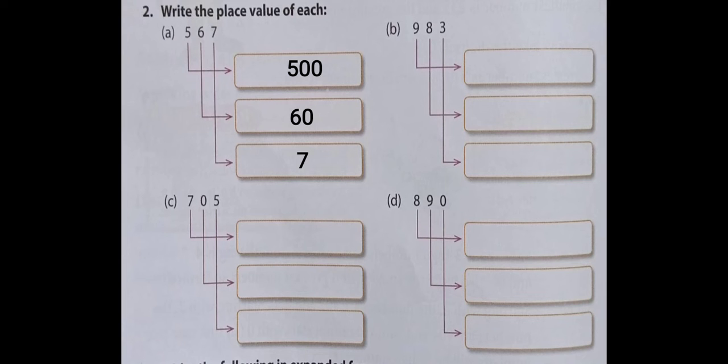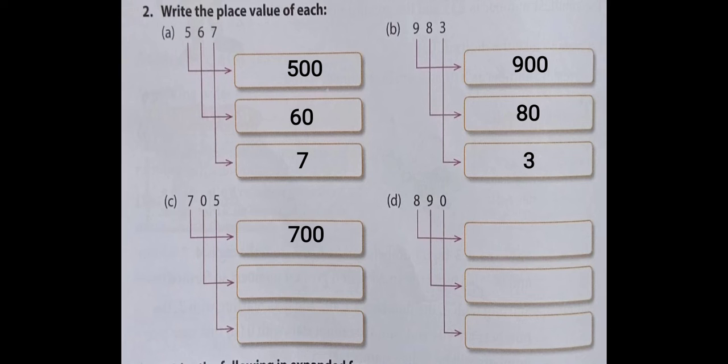Coming to B part, 9 is at hundreds place, so its place value is 900. 8 tens means place value is 80, and 3 ones means its place value is 3. C part, 700. We are writing the place value of different digits.